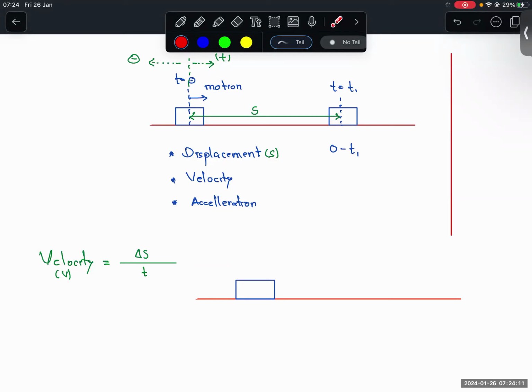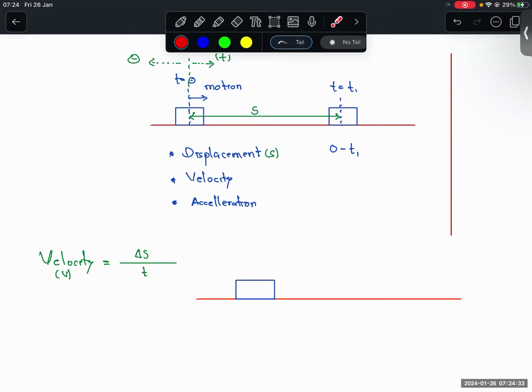It can be increasing velocity in this direction. It can be decreasing velocity in this direction, but you still call it this direction. You don't consider the changes. But when it moves in the opposite direction, it can be increasing, decreasing, or a uniform velocity, whatever it is, you call it negative velocity.